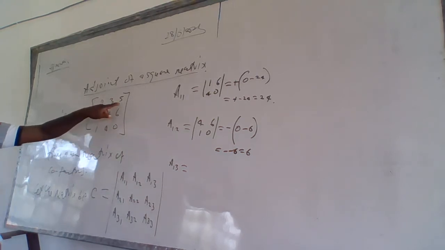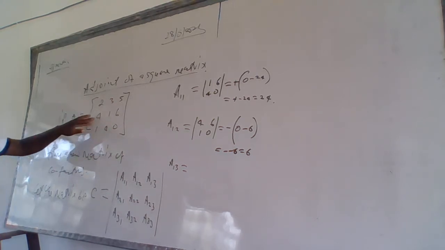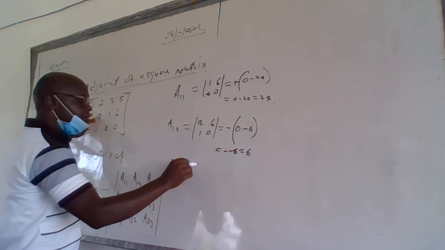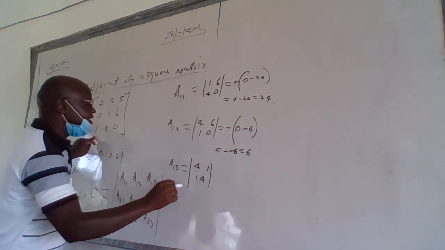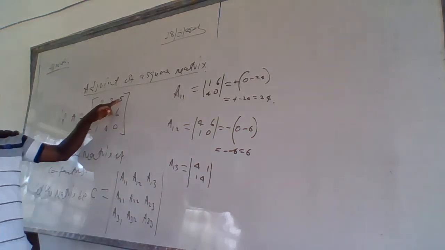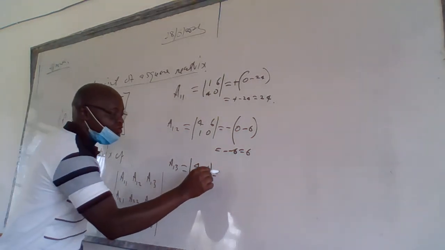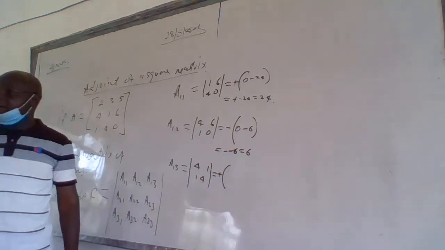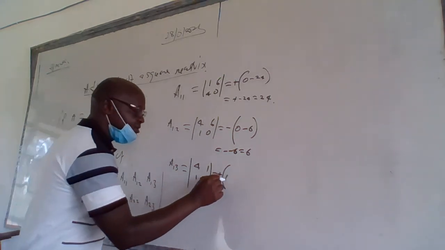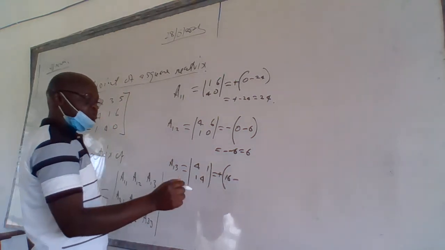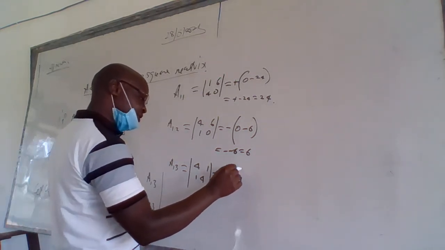A13 is 5. So the minor for 5 will be 4, 1, 4, 1, 1, 4, like that. The place sign for 5 is positive. So equals to plus, open the bracket, 4 times 4 is 16, minus 1 times 1, minus 1.